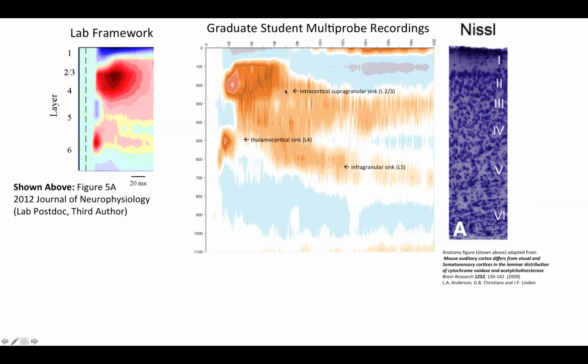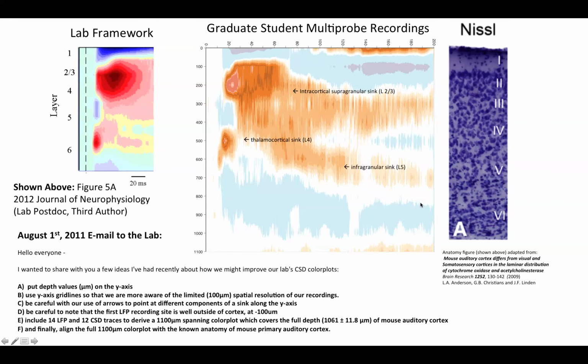So it's really pretty astounding that there's no quantitative y-axis here. There's just this assignment of what the layers are without any reference to the actual cortical depths and without any reference to the actual anatomy of auditory cortex.